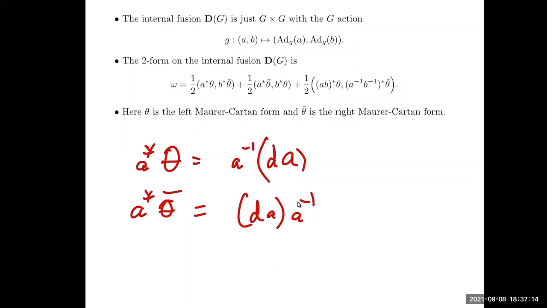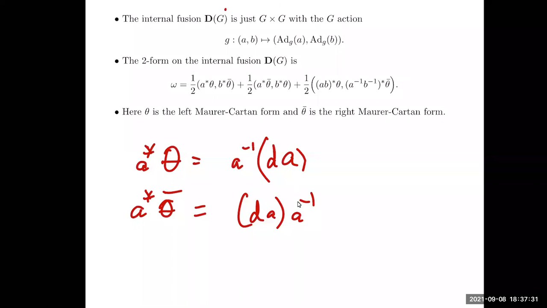So this is how the internal fusion is acted on by G. It's just acted on by the adjoint action. The action on the 2-form is like this.